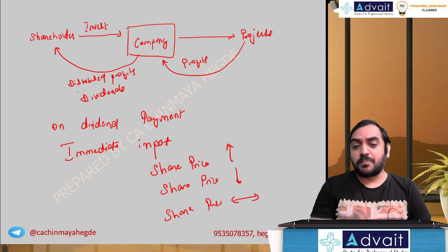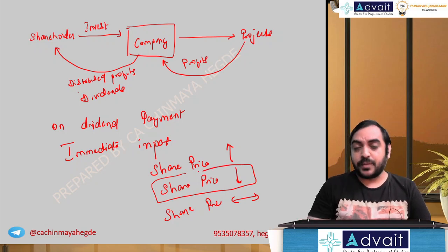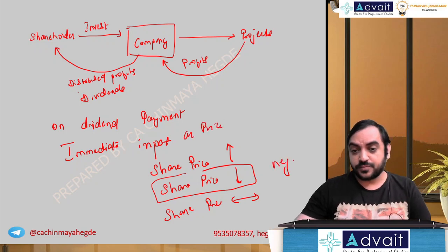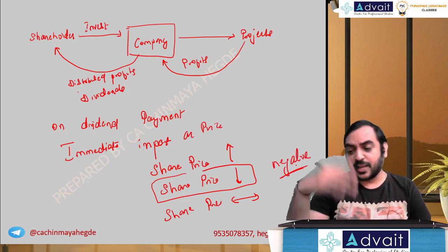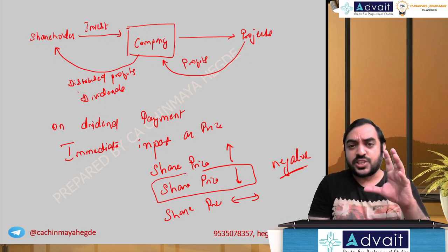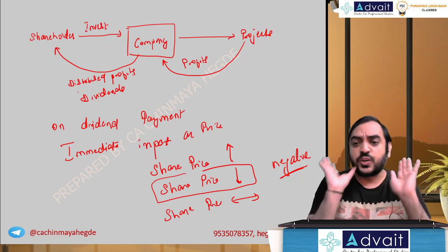The immediate impact is negative. The moment the company makes the payment, the immediate impact on price is negative. The share price will come down. For simplicity's sake, imagine share price represents the net worth of a company. Assume net book value is equal to share price.